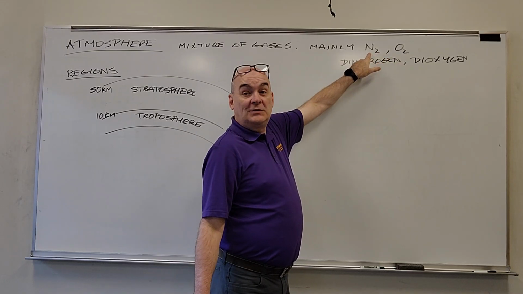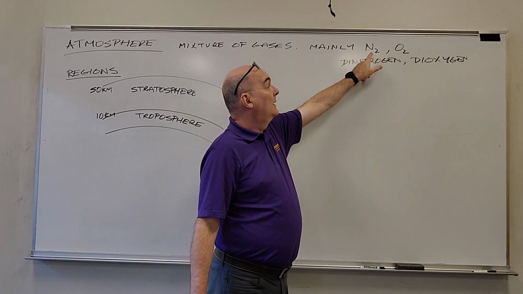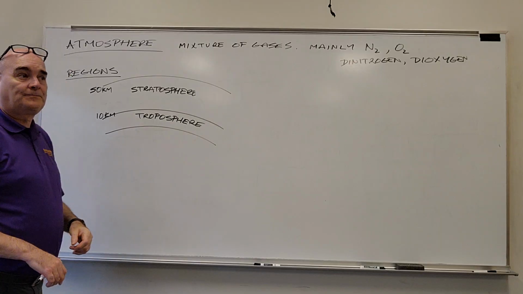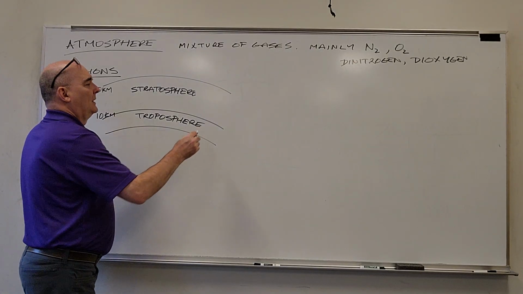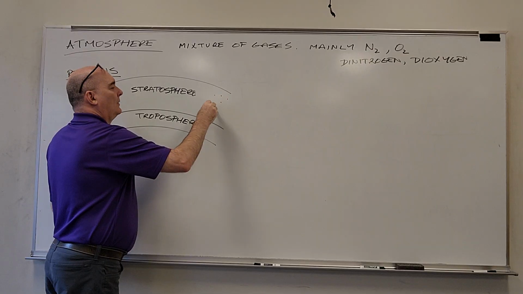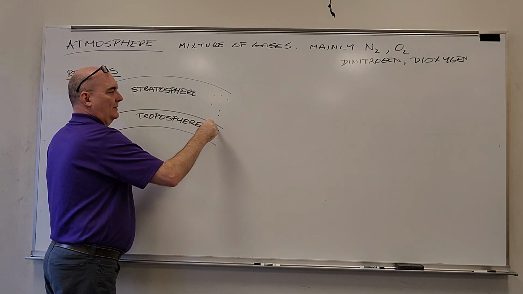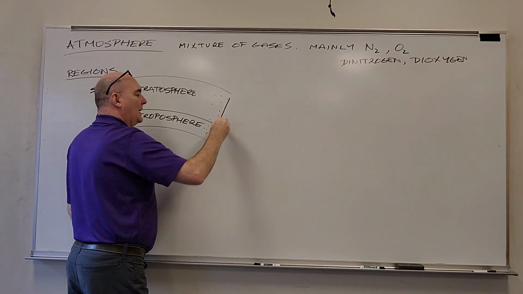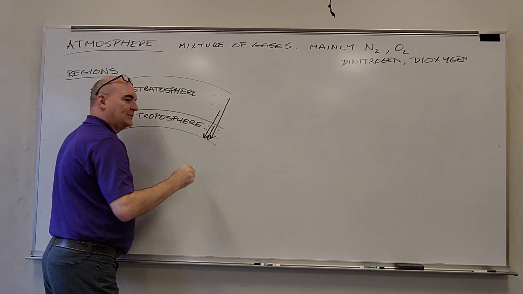And we have 2 of them, so this weighs 28 Daltons, atomic mass units, grams per mole. And this weighs 32, so they're light. But they're still pulled to the planet's surface. And think about all of the gas particles, mostly, more here than there. All of these are being pulled down to the planet's surface.